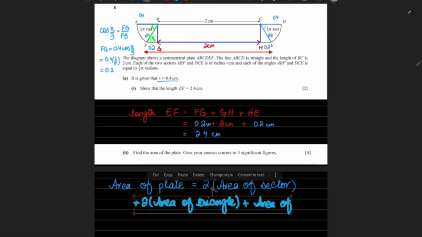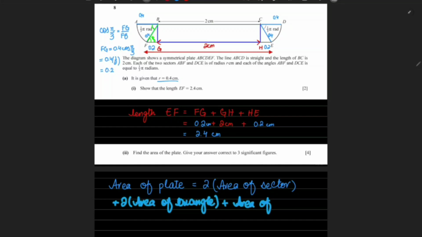Let me arrange it a bit. The area of a sector is half r squared theta. We'll write down the values later. First write down what it is. Then the area of a triangle is half base times height.